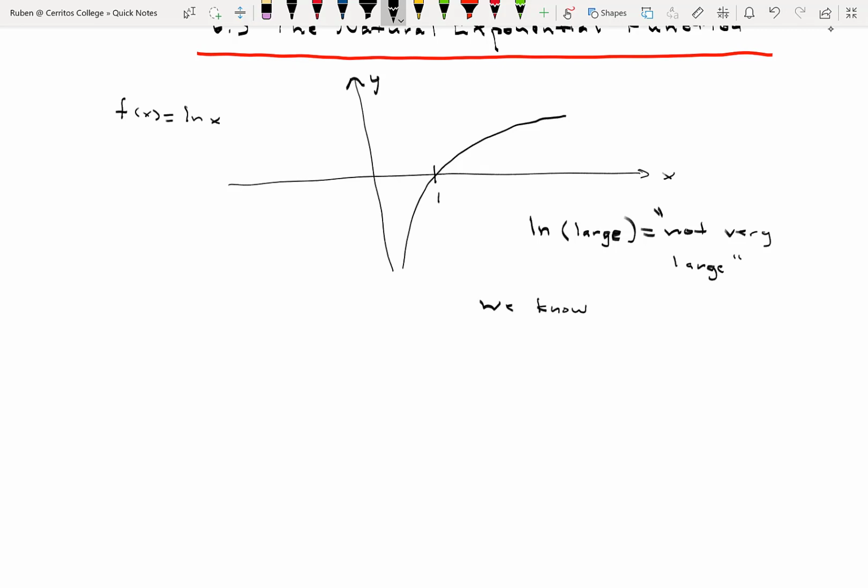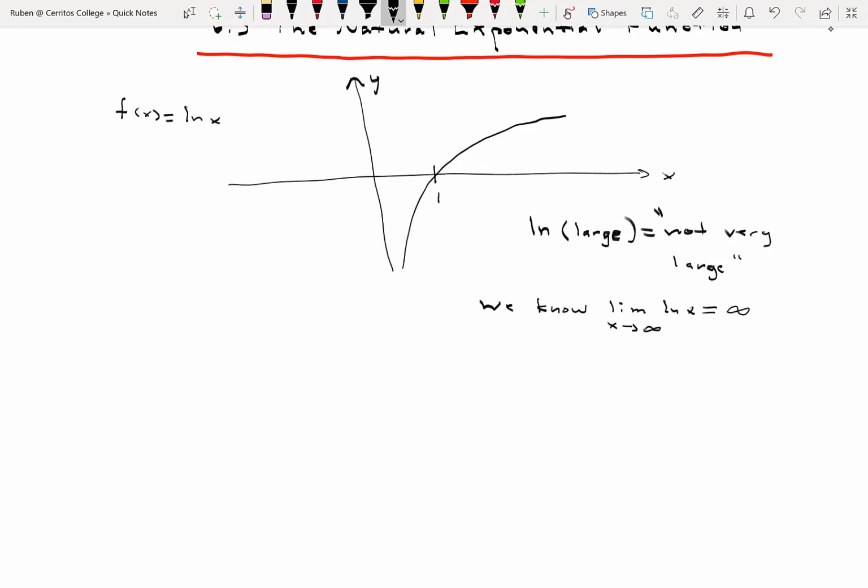So we know that the limit of the natural logarithm function as x goes to infinity is in fact infinity. But if we're not looking at infinite values for x, the natural log of huge numbers is not that large.